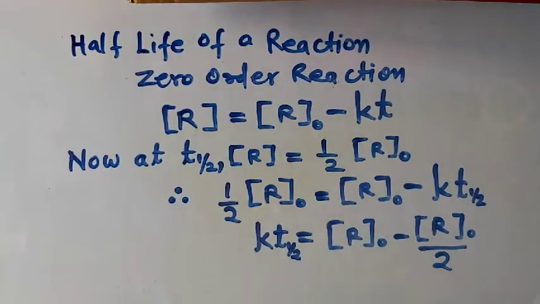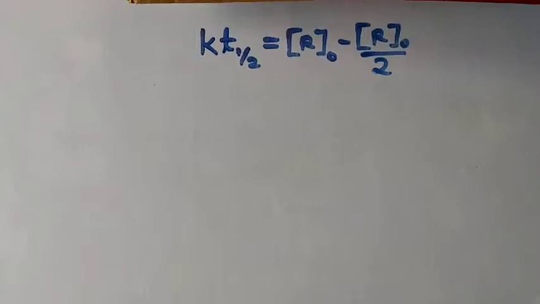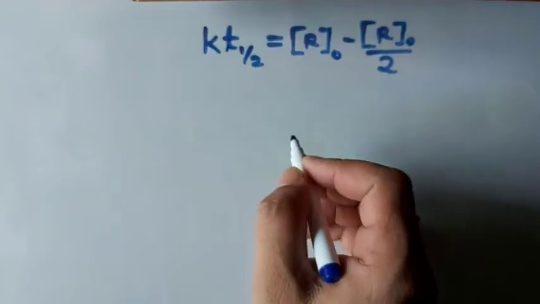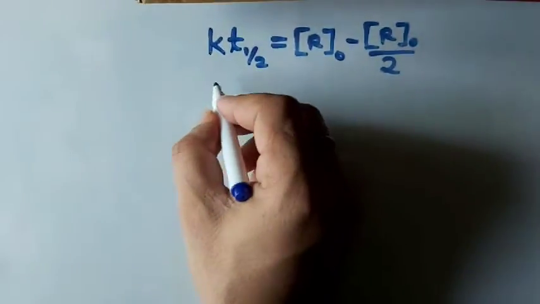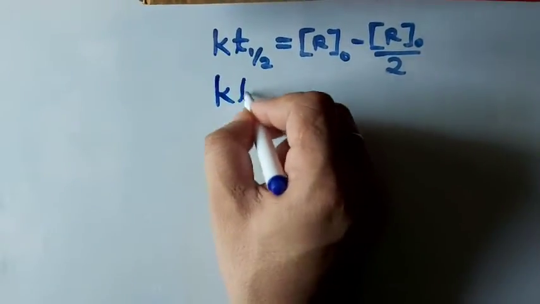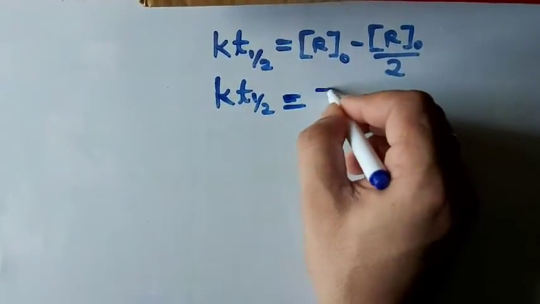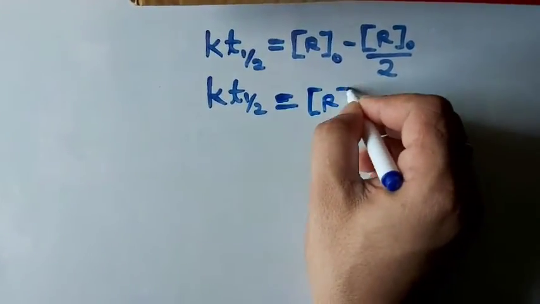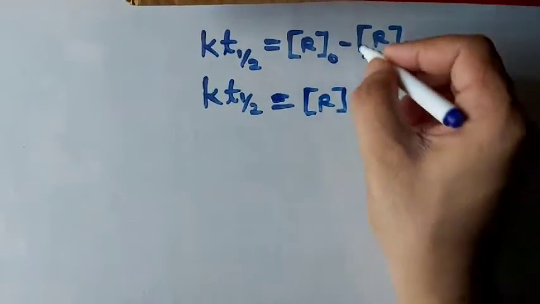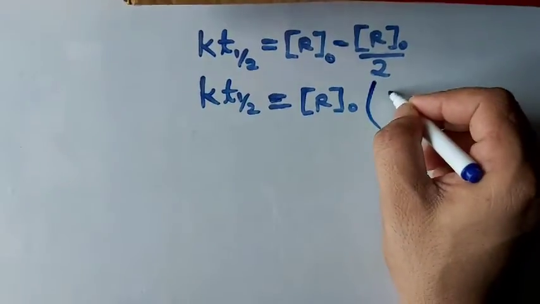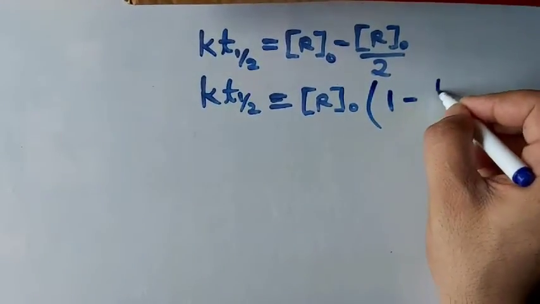Let's make some space. This was our equation. Now this is going to be changed to become a new equation in which we will take initial concentration as common, and then here we will put 1 minus 1 by 2.